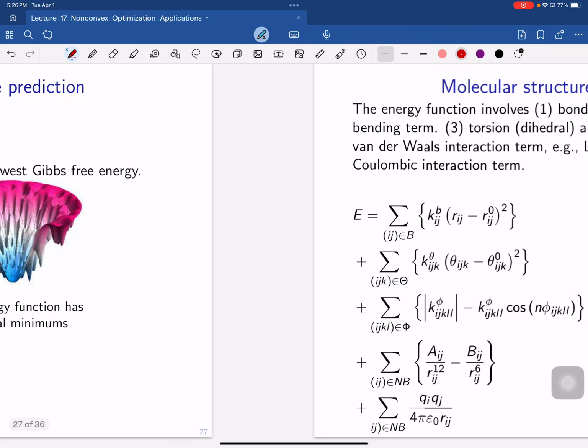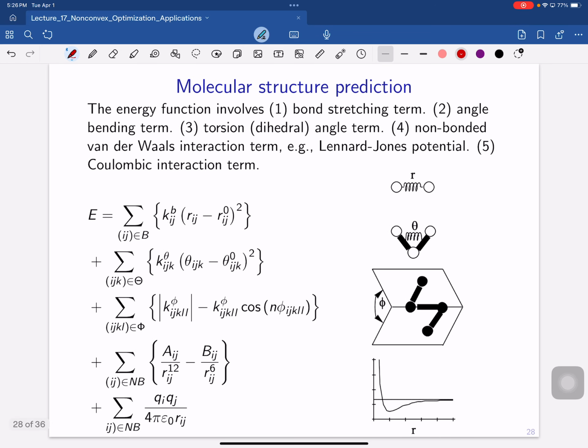So how do you model molecular structure prediction? There are so-called different force fields to model molecular structure. Of course, this is a very simple force field. It may not be that accurate. There are terms related to bond stretching, angle bending, torsion, and the Lennard-Jones potential.